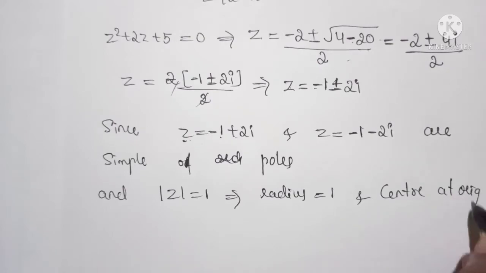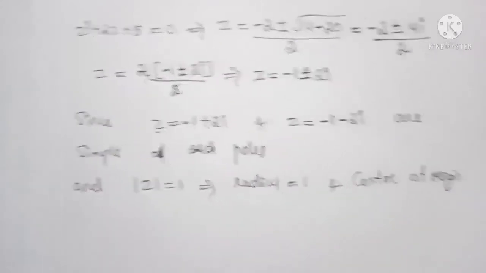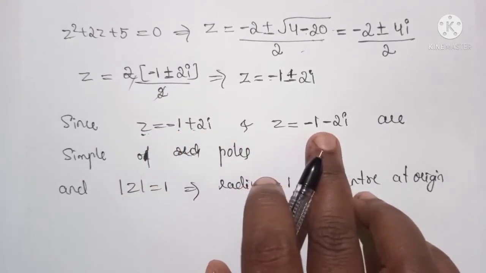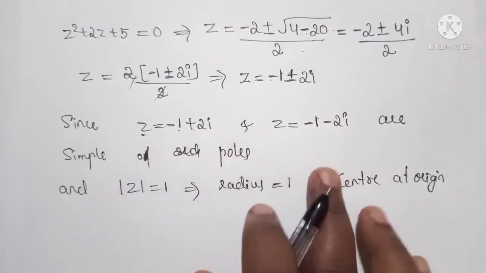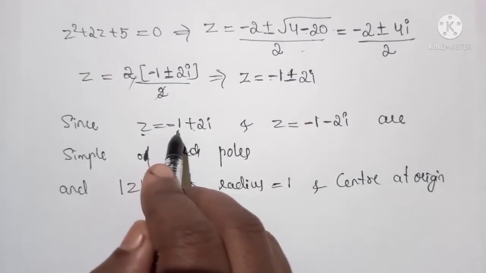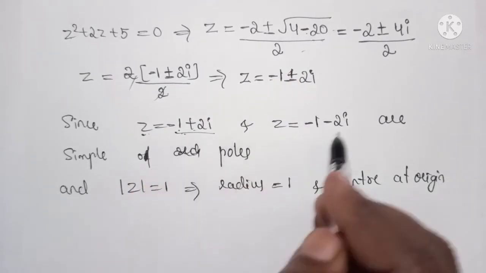Okay, so as you can see, both z equals minus 1 plus 2i and z equals minus 1 minus 2i lie outside this circle, because here we have radius equal to 1, but the modulus of these is root 5.